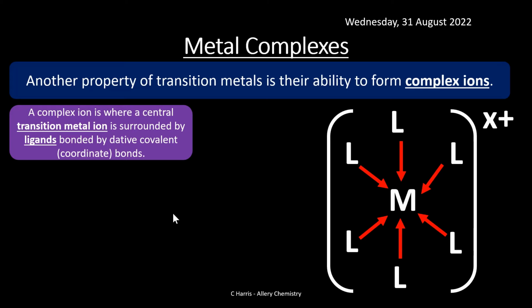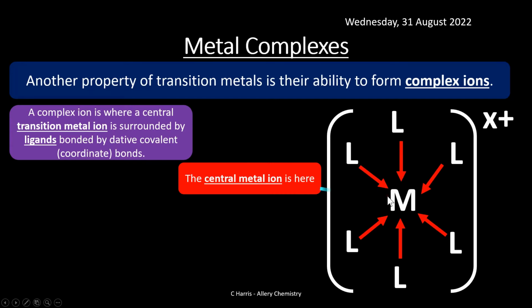That's all it is. So a complex ion is where you have a central transition metal ion in the middle, and it's surrounded by a load of ligands, represented by L, and you have loads of dative covalent bonds, or coordinate bonds, bonding into the middle of the ion there.